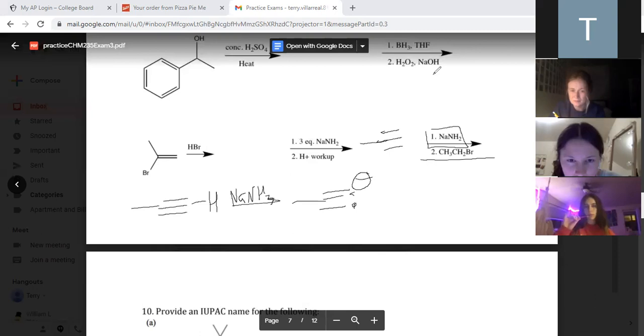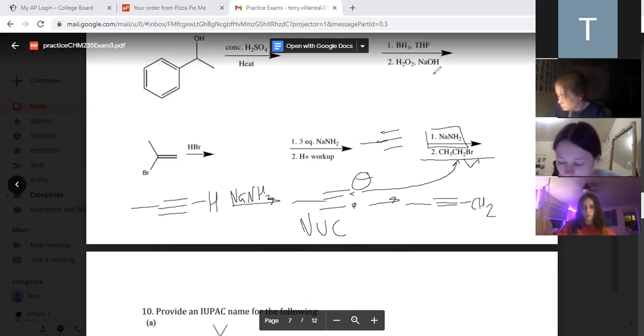This is a good nucleophile. We are simply going to attack this carbon and do an SN2. We're just adding this carbon chain to the end of this alkyne. Does that make sense?